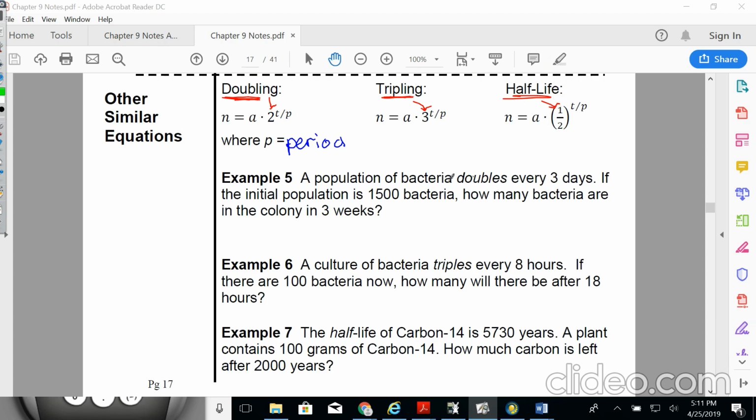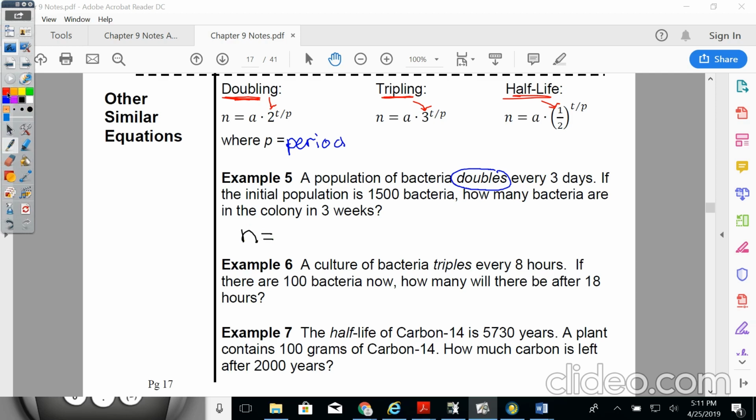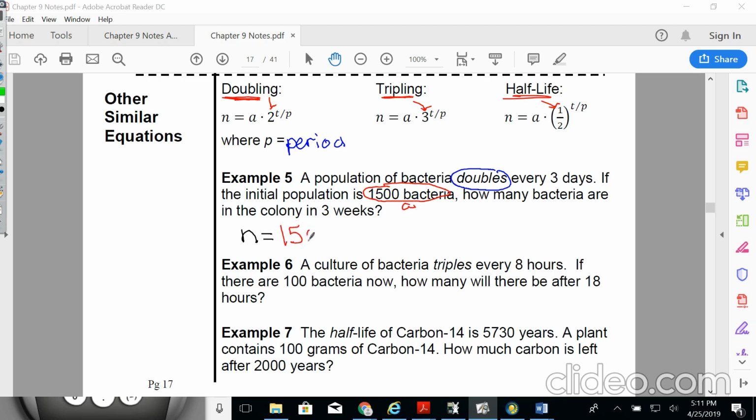All right, so if we look at example 5, it says a population of bacteria doubles every 3 days. So I know I'm using the first one here. So N equals, if the initial population is 1,500, the initial is your A value, so A is 1,500.